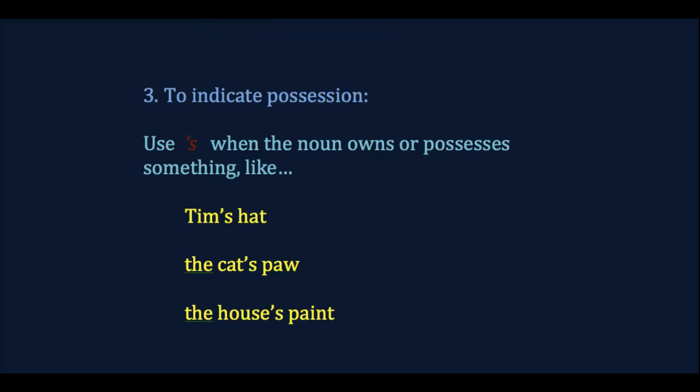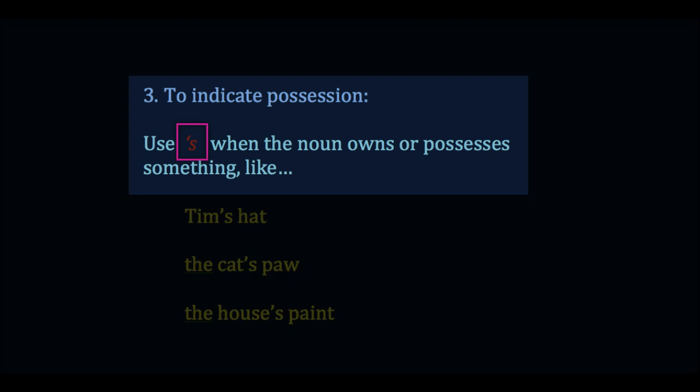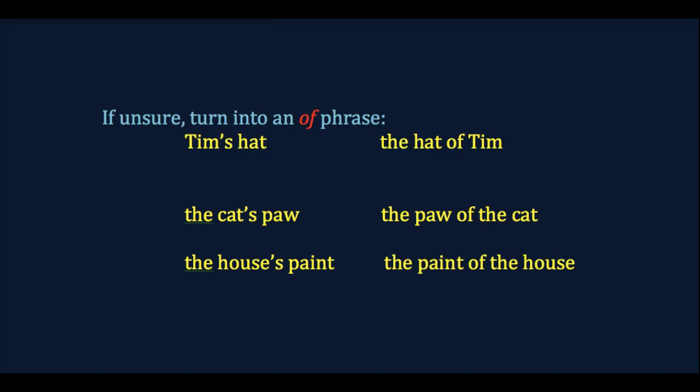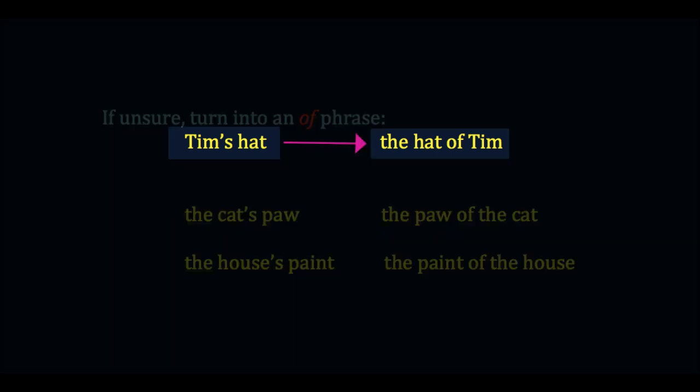And the third use is the most common, and that is to indicate possession. Use an apostrophe S when the noun owns something, possesses something, like Tim's hat, the cat's paw, the house's paint. Now, if you're unsure if possession is going on, turn it into an of phrase, like Tim's hat.